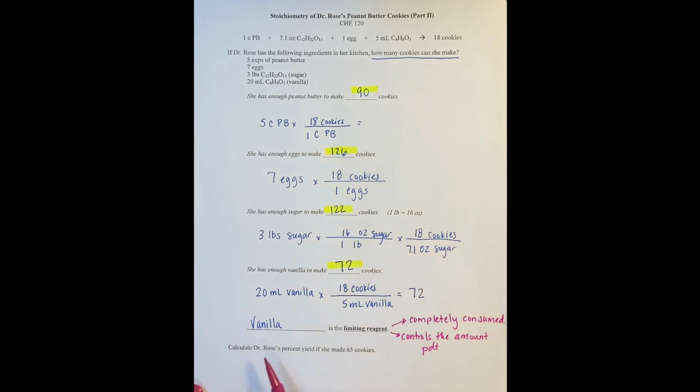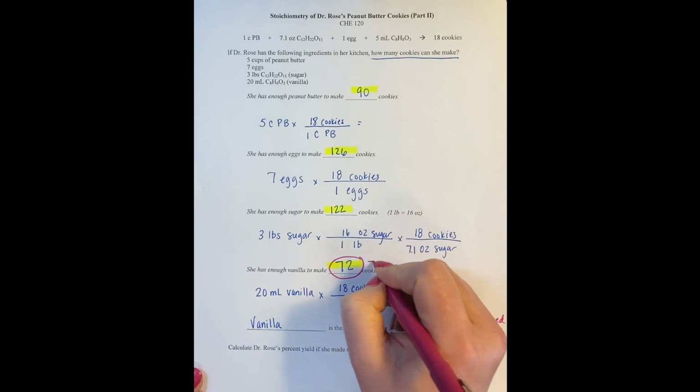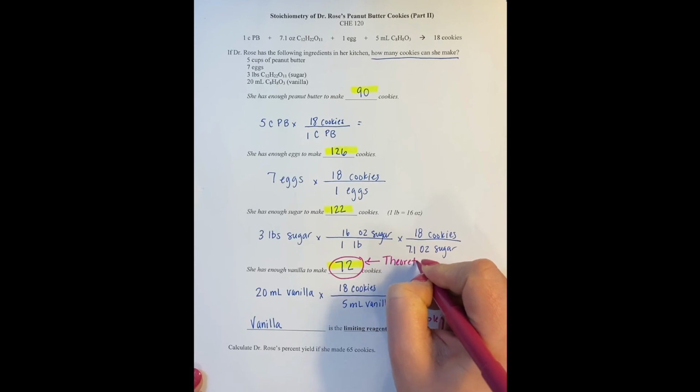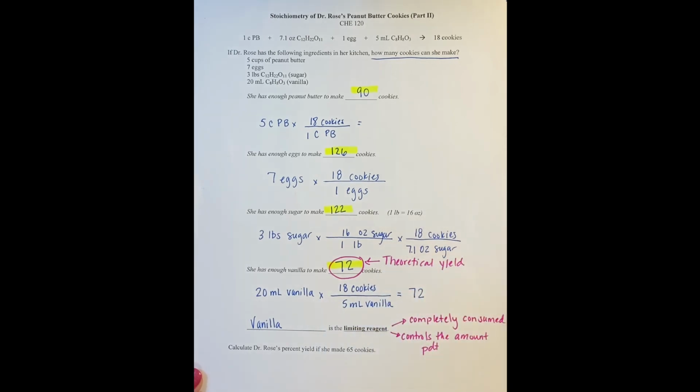So the vanilla in this case is going to be my limiting reagent. The other thing that I know at this point is that this 72 cookies is what I call my theoretical yield. That means that's the maximum amount of product that I'm going to be expecting out of this reaction, 72 cookies.